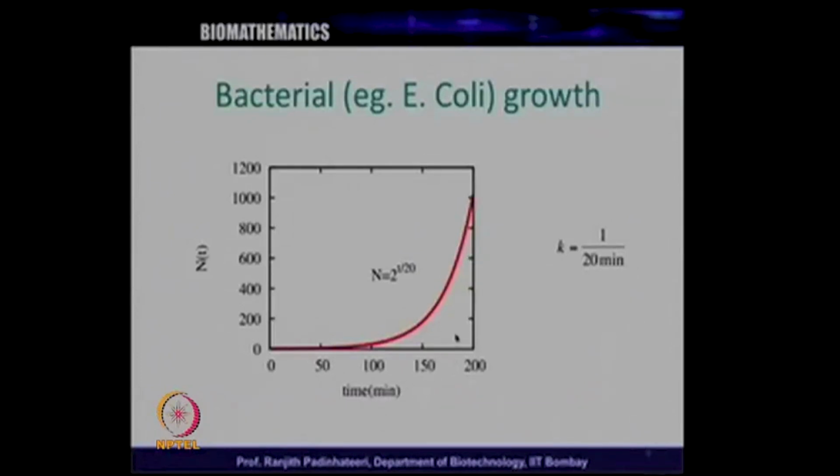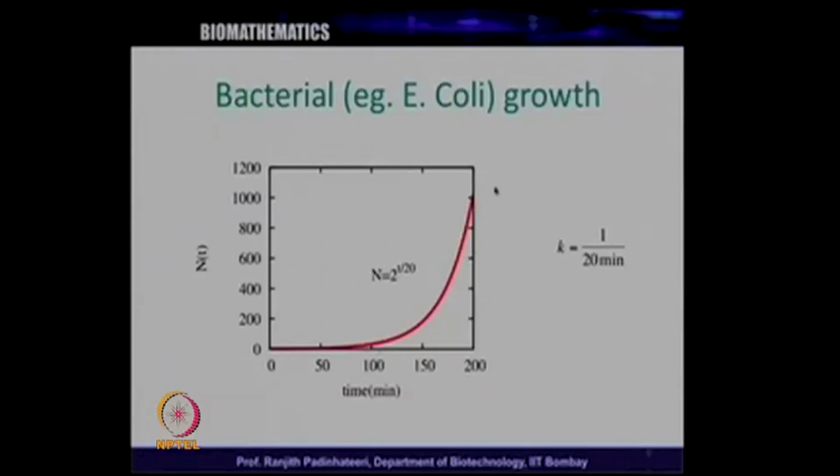After 200 minutes, you have more than 1000 bacteria. You can calculate yourself and see what is 2 power 10. It has to be some number about 1000, where 1 over 20 per minute is the rate of growth.